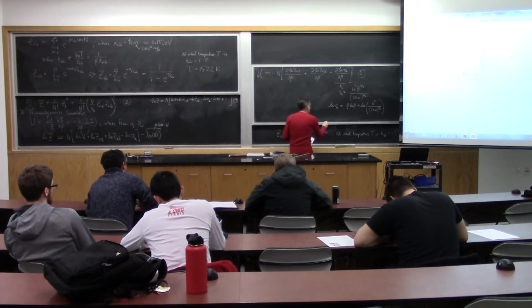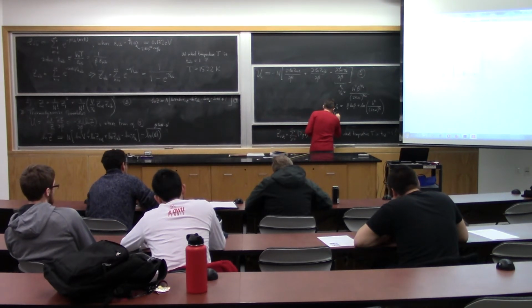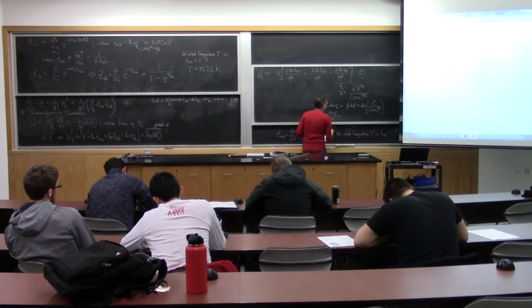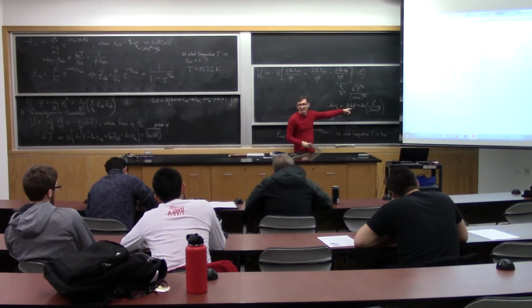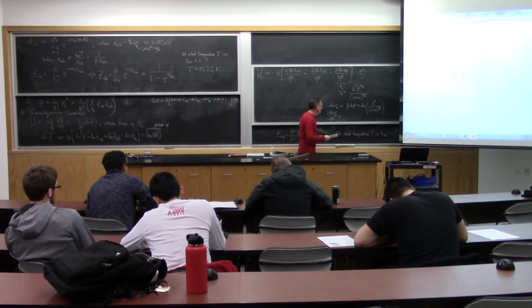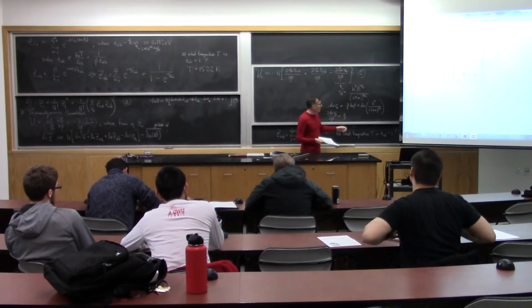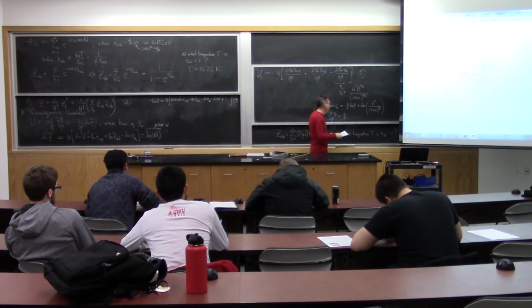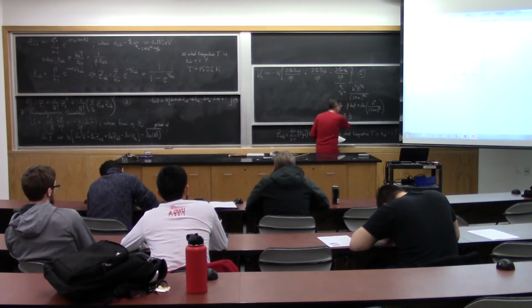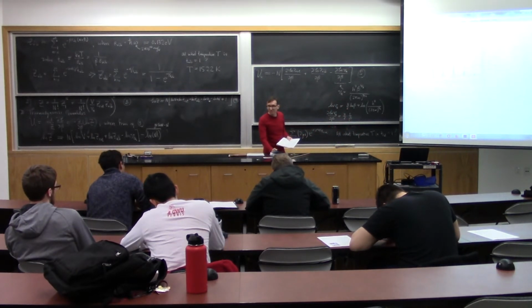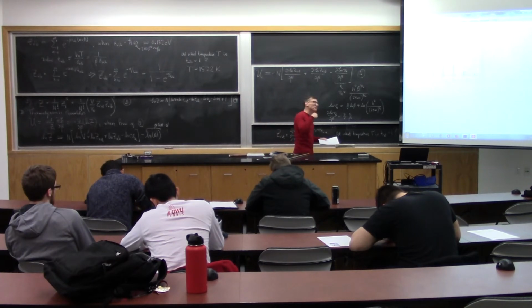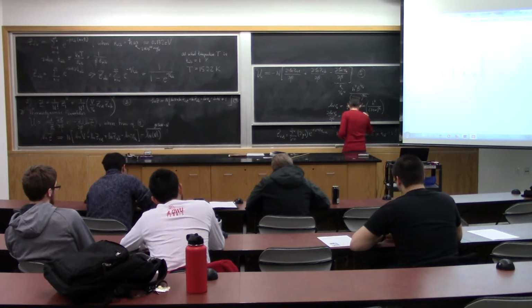And now I can take the partial of log VQ with respect to beta, because there's the beta dependence. So this is going to be 3 halves partial with respect to beta of log beta, which is 1 over beta. But beta is 1 over kBT. So this is just 3 halves kBT.